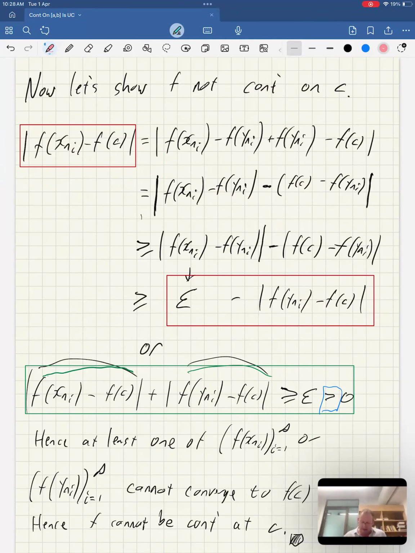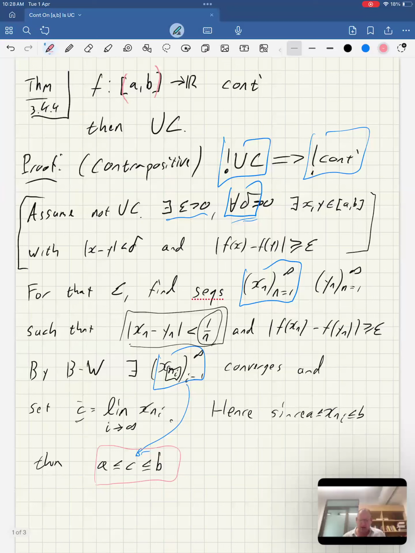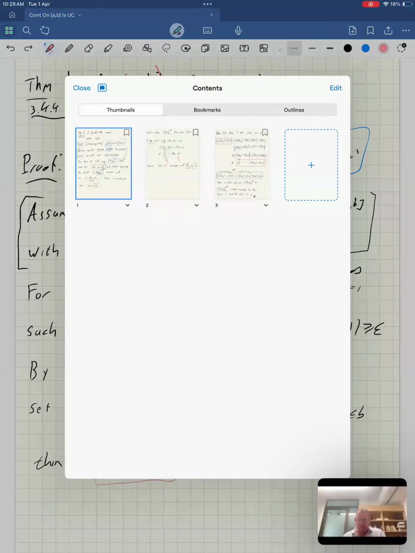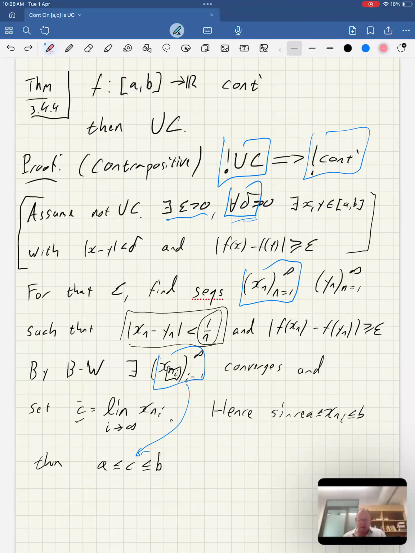So it can be that c is at the boundary point, and we don't care about the function not being continuous at the point c, because if c is at the boundary point a or b, then it's not in our domain. And this is why we need this. It's a subtle point, but this is why we're using the fact that this is a closed interval as an input to this theorem, as a precondition.